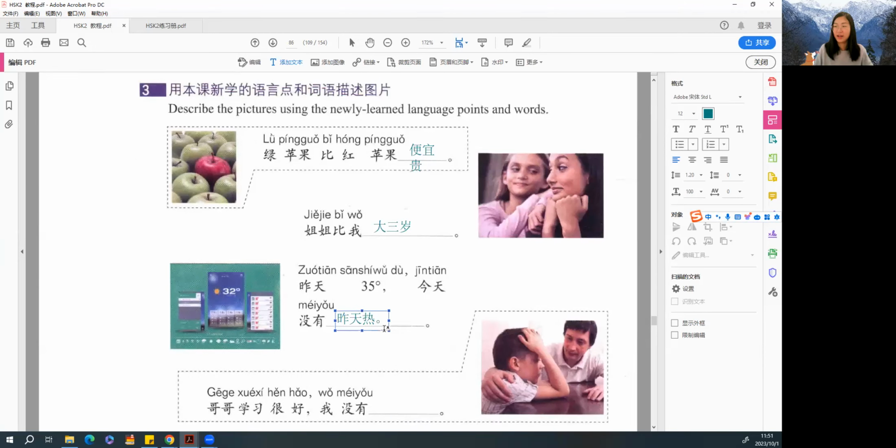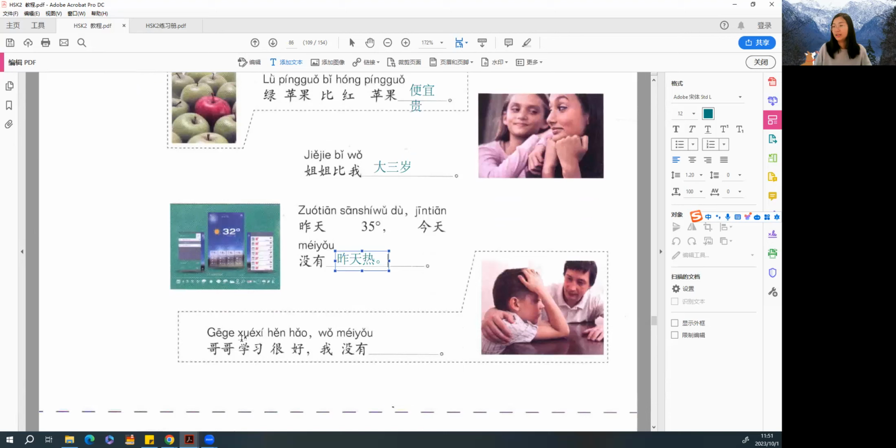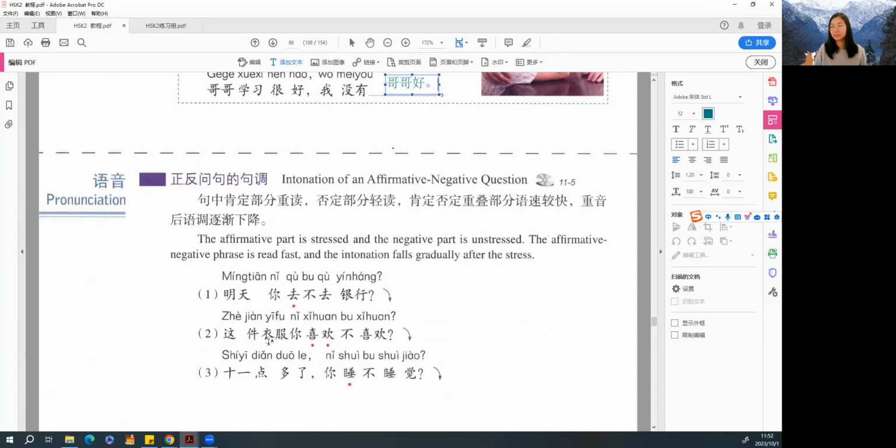Yes, right. Because today is 32, yesterday is 35. 今天 today is not hotter than yesterday. 哥哥学习很好，我没有. So it's exactly the same structure here. 我没有哥哥好. It's like this. It's not hard at all, very simple.